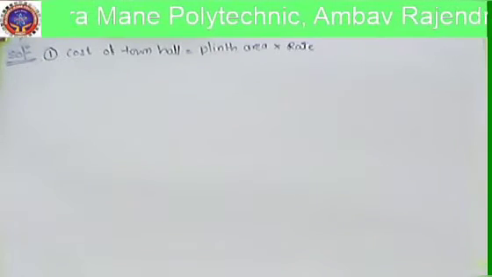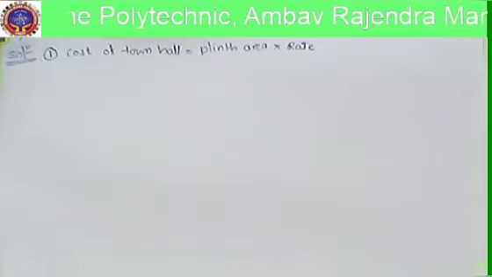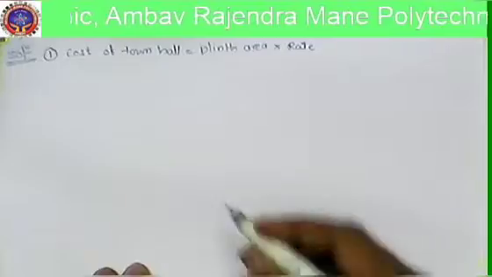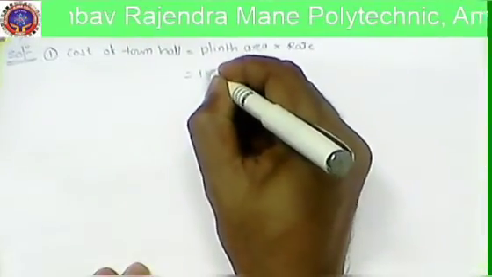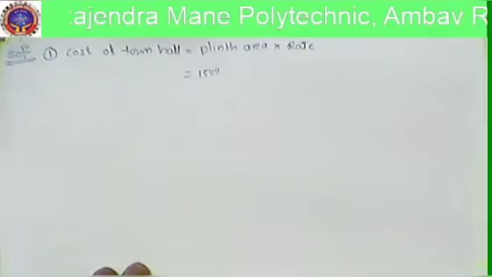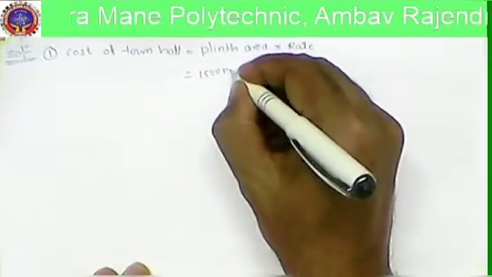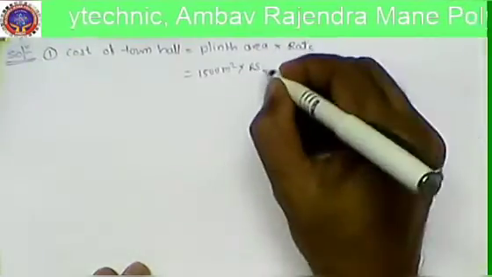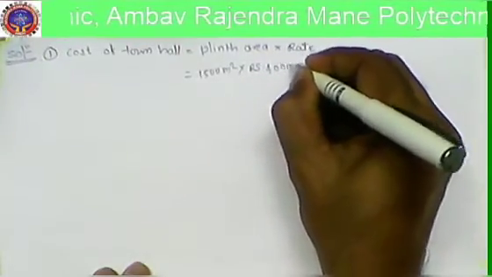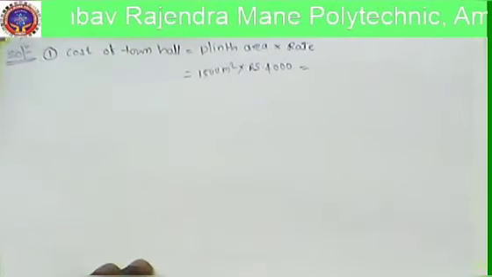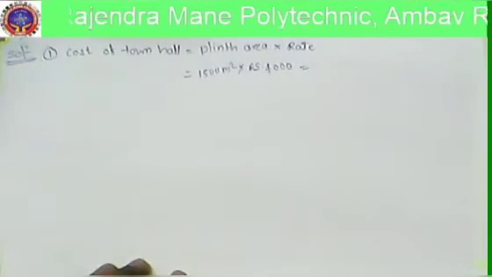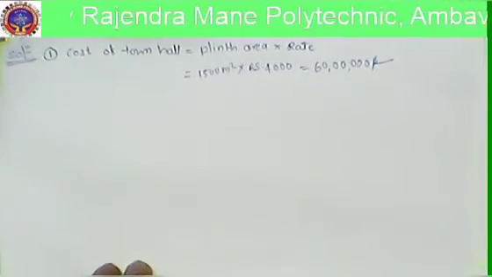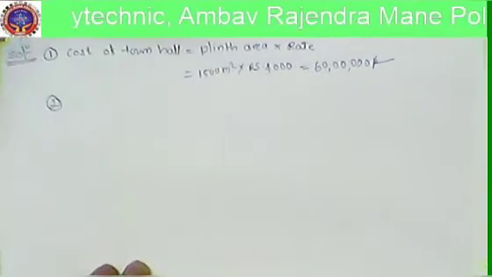So first we have to find the cost of the town hall. Cost of town hall is equal to plinth area 1500 square meter into rate per square meter 4000. So the total cost of the hall is equal to 60 lakh.